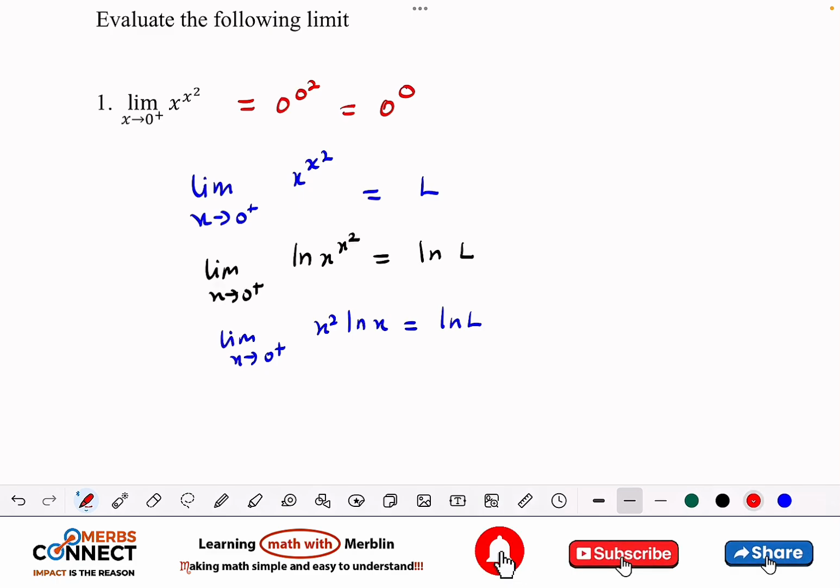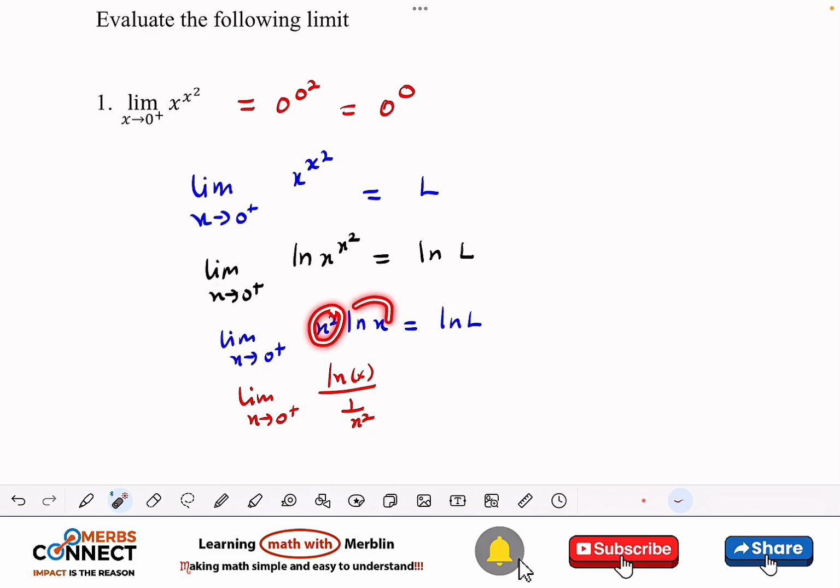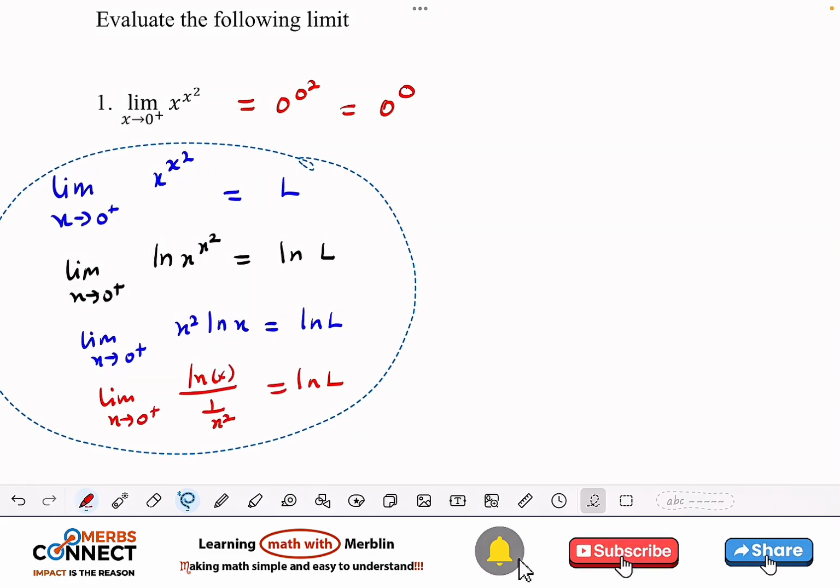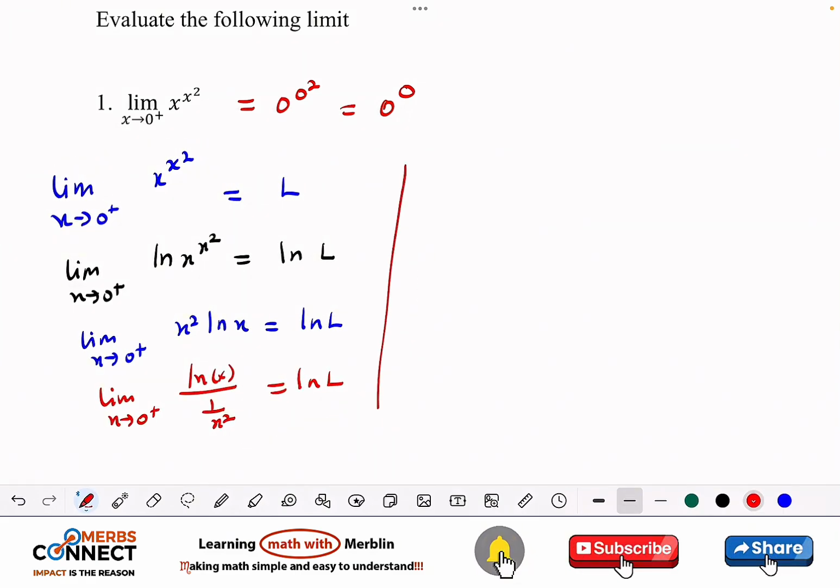So this can be written as the limit as x approaches 0 of natural log of x divided by 1 over x squared. Anytime you have x squared multiplying, you write it as 1 over x squared. And this should be the same as ln of L. Good.